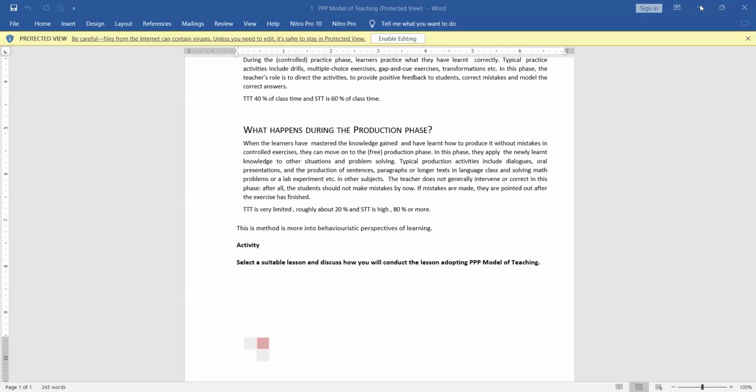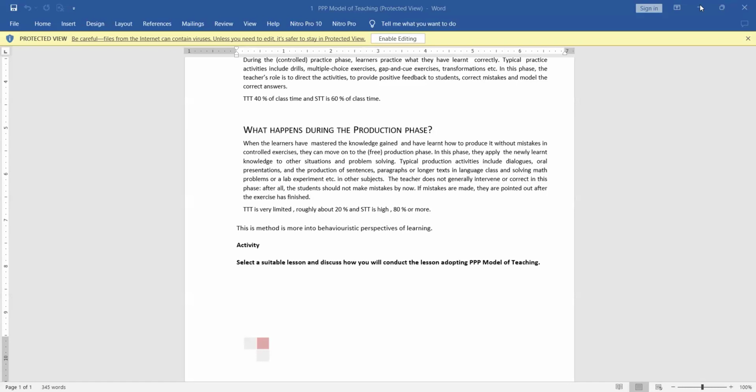Okay. So if you actually use the 5E model of teaching, your lesson is conducted in 5 stages. What are those 5 stages of the 5E model? The first E stands for engagement. The second E stands for exploration.